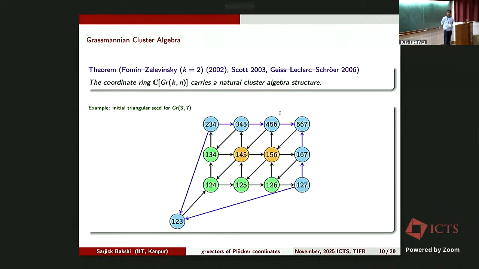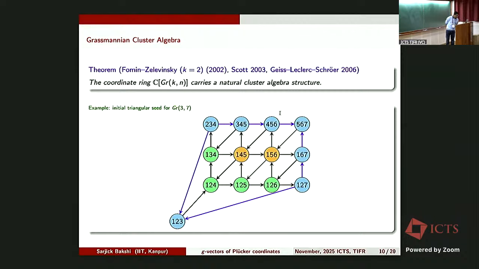So for example, if we take Gr(3,7), this is the quiver we have. You see, we cannot mutate at those blue vertices, but we can very much mutate at the green vertices. And this quiver is also obtained from Keller's mutation app.